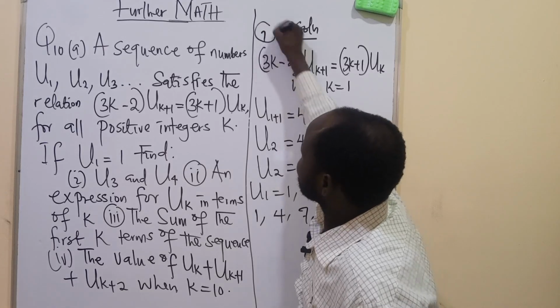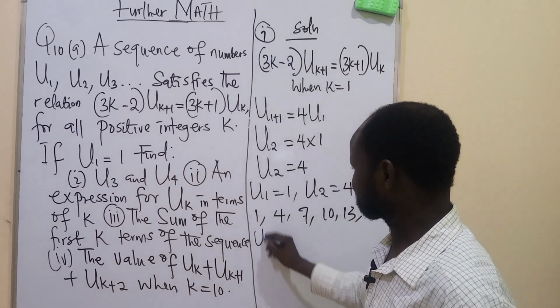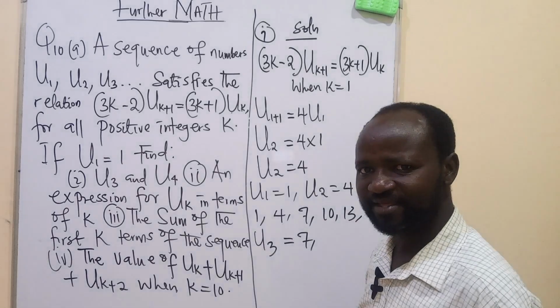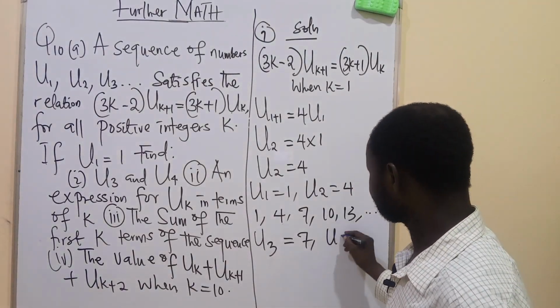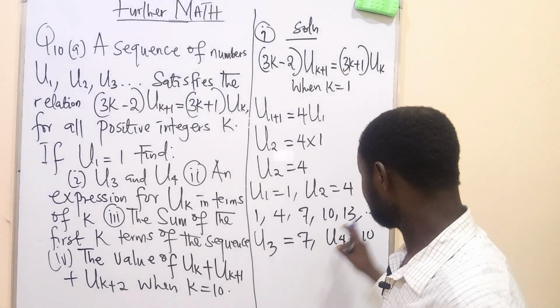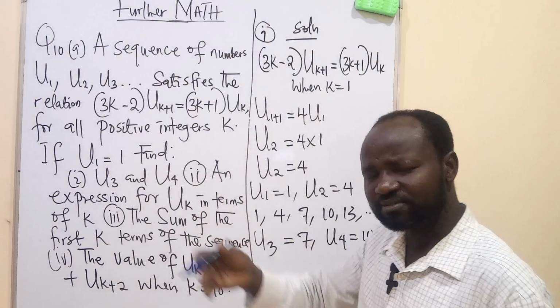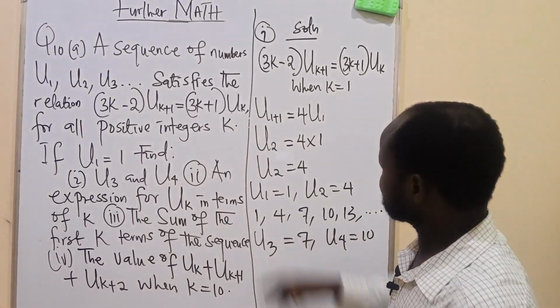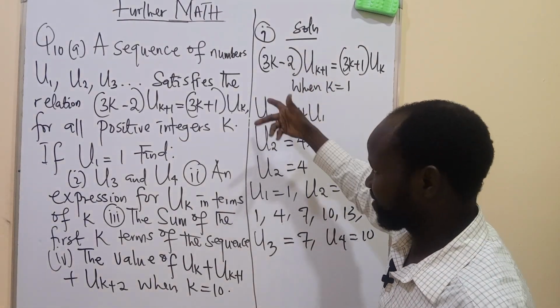So let me write Roman numeral 1 here. Our third term is nothing but 7. Very easy. Then our fourth term is nothing but 10. We can easily get the fifth term, which is 13. Just increase it by 3, then you get the next term. So this is the solution to Roman numeral 1.